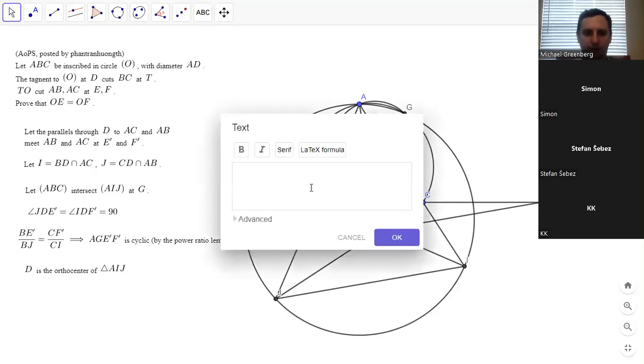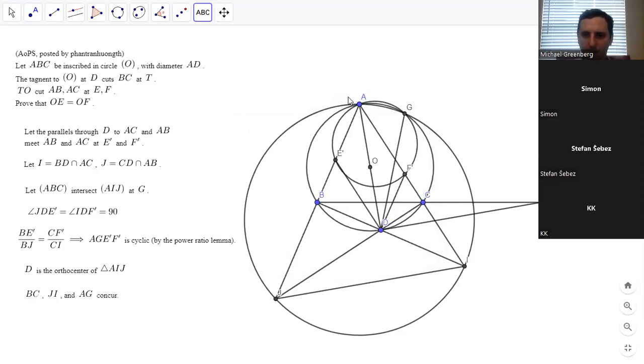I'll prove that in the end if I have time. But BC, JI, and AG concur. And that basically implies that, projecting through A, we would find that GBCD is harmonic.